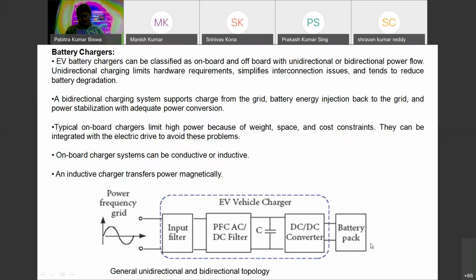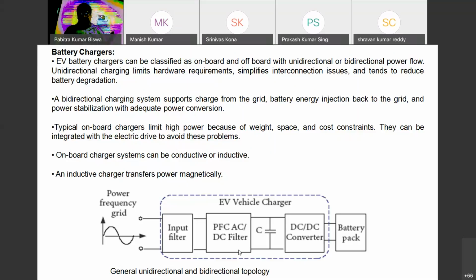So what are the difficulties of that? The circuit will be more lengthy and complex, because in the AC to DC converter, in the case of a controlled rectifier, the firing angle of the thyristor has to be controlled.